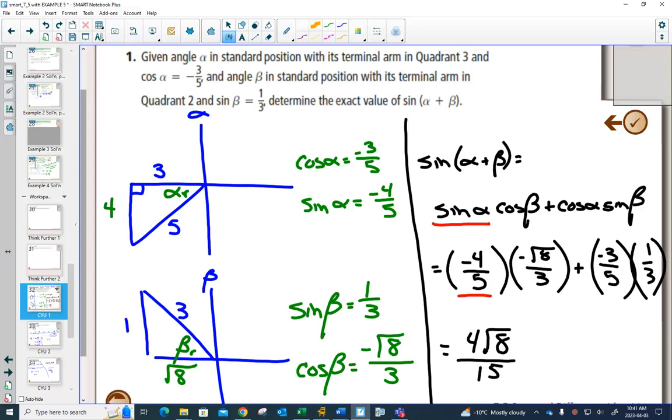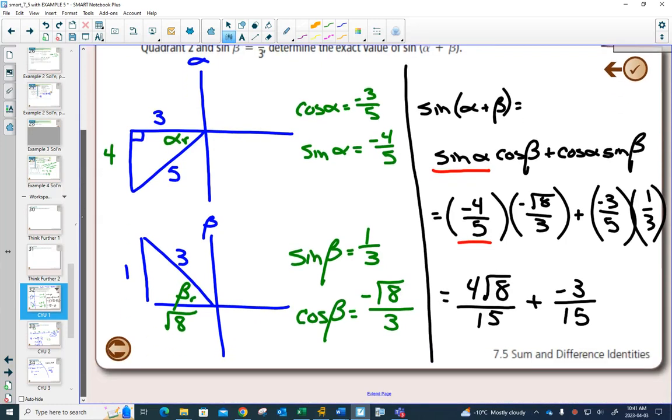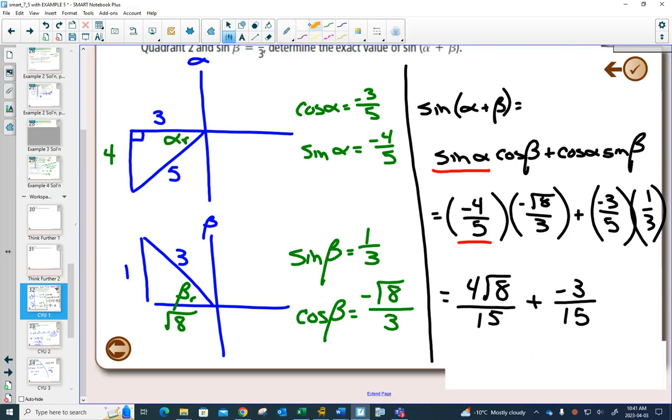Multiply these ones, plus minus 3 over 15. You have to write your answer as a single fraction in the end. We already have a common denominator, so your final answer will be 4 root 8 minus 3 all over 15.